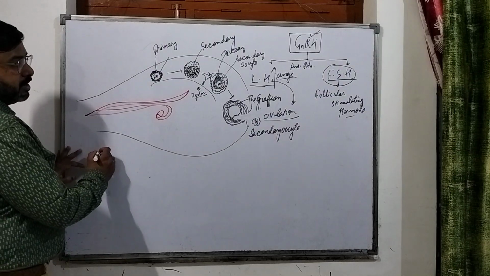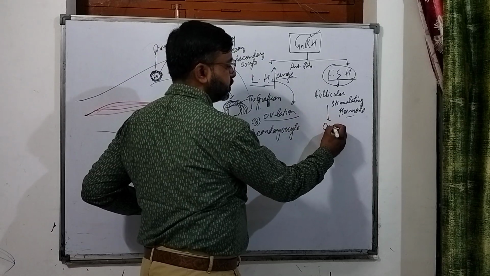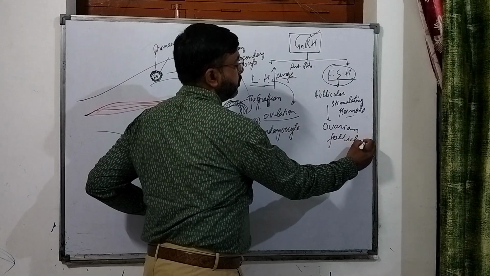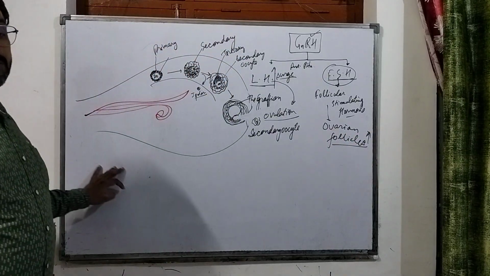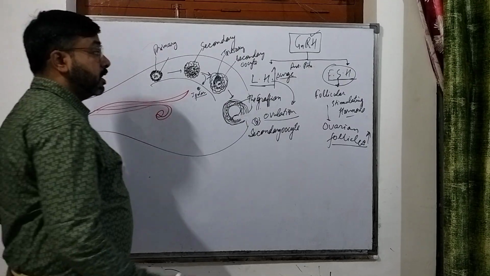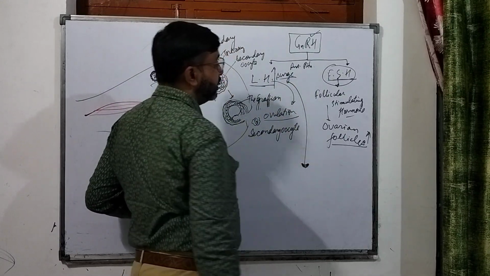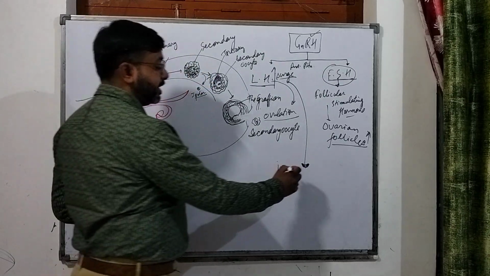So in the question which has been asked in NEET this year, it says FSH acts upon the ovarian follicles. FSH is acting on the ovarian follicles, promoting them. That is true. Then the statement continues with Leydig cells in males. So the assertion is saying that in males FSH is acting on the Leydig cells.